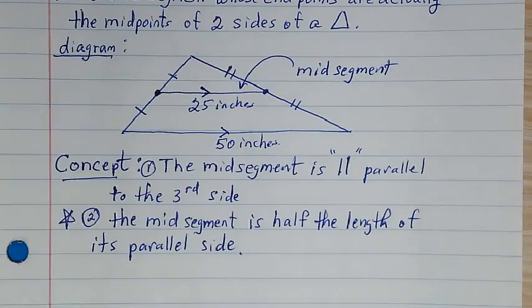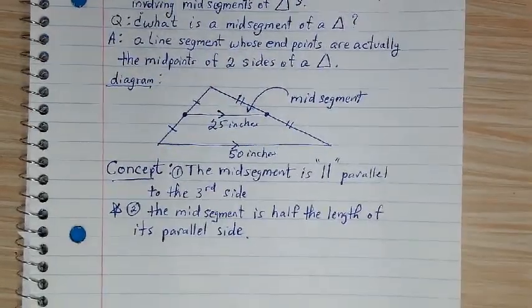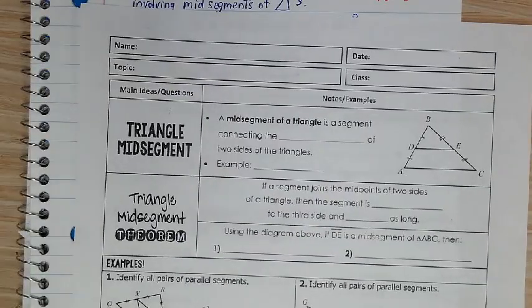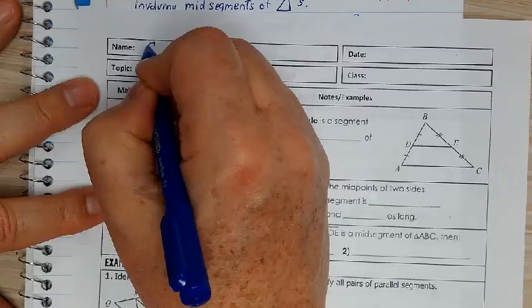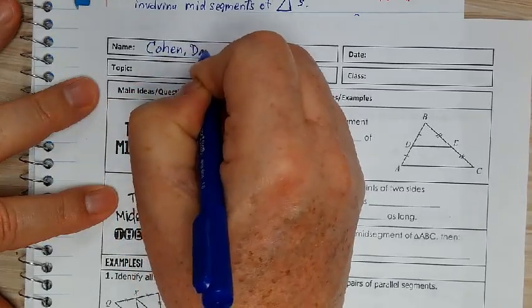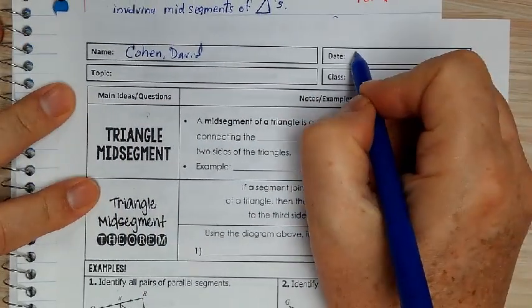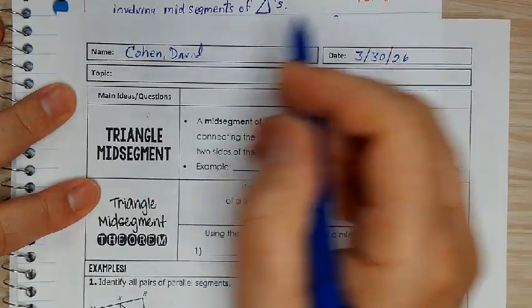Now, to make this more concise, this is the worksheet that the assignment came from. So make sure you put your name on there. The date, and this is from 3/30.